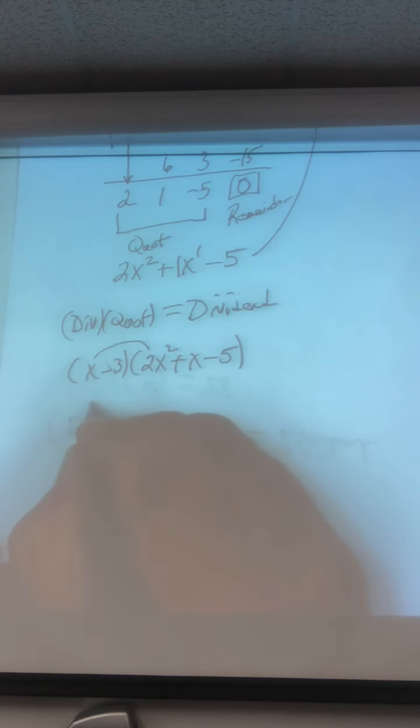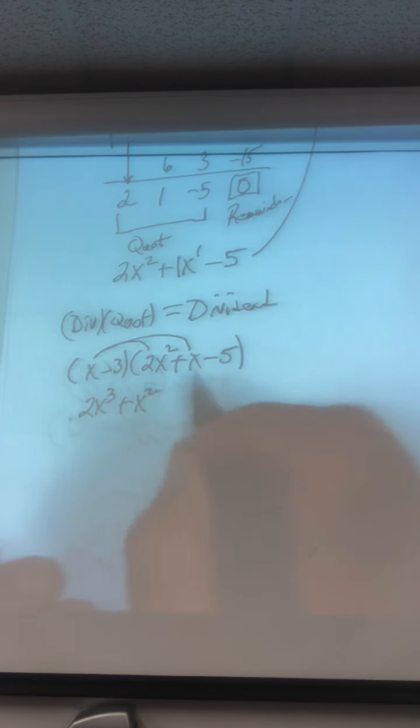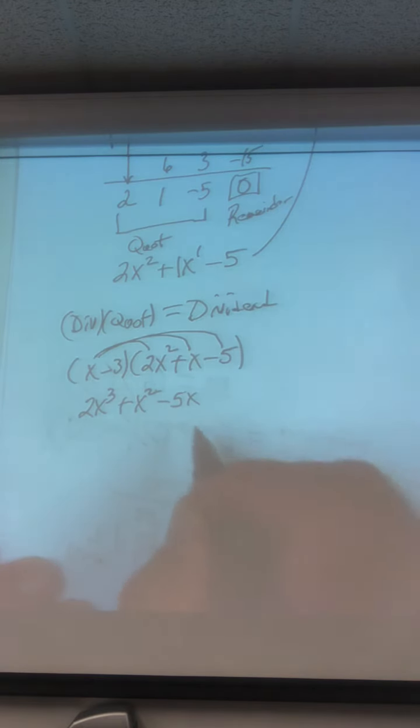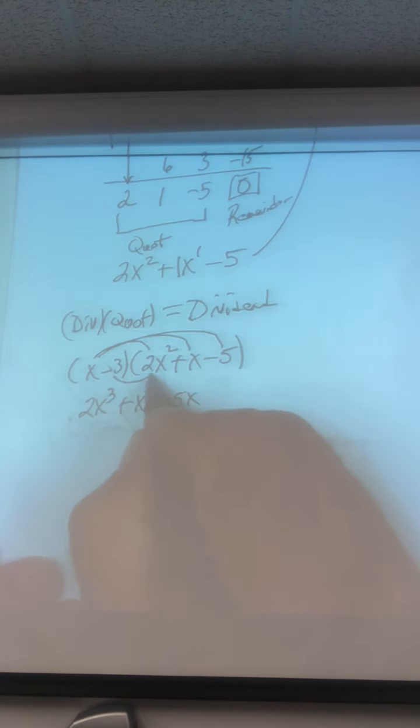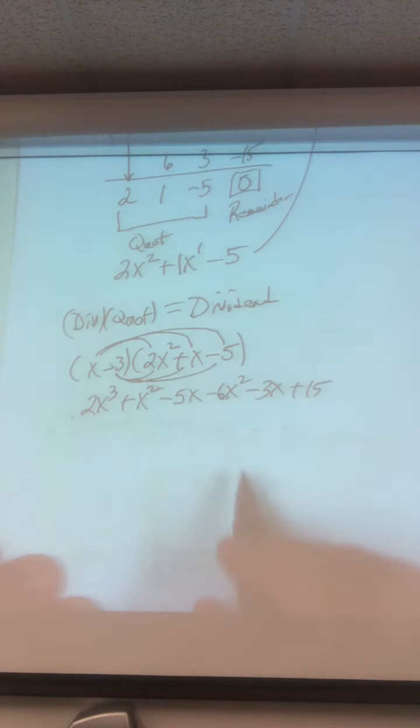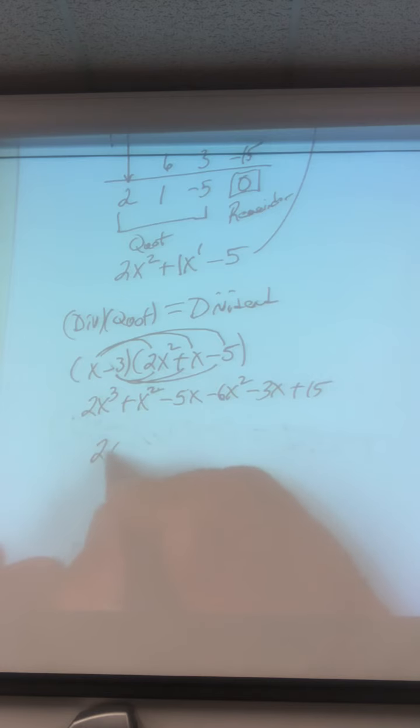So this would be 2x cubed plus 1x squared minus 5x. Now come back and do the same thing with the negative 3. Negative 6x squared minus 3x plus 15.